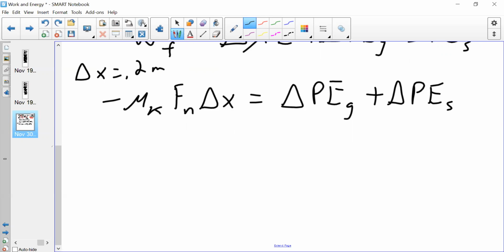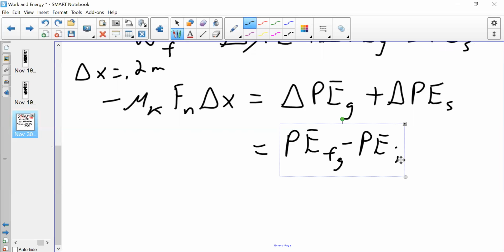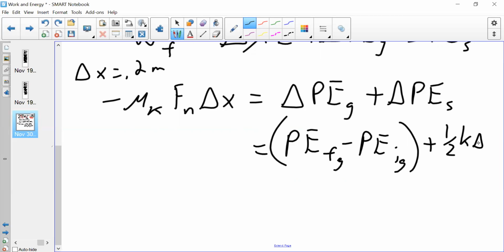We can easily get the gravitational potential energy. This term becomes PE final minus PE initial gravitational, plus 1/2 k delta x final.